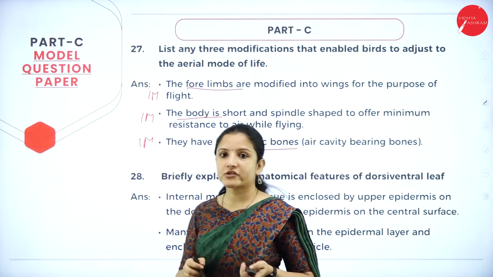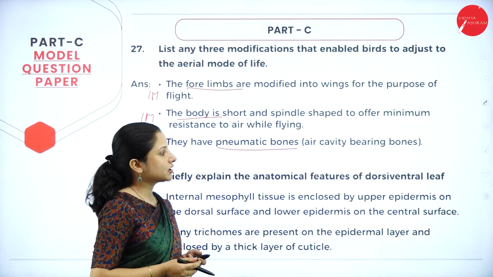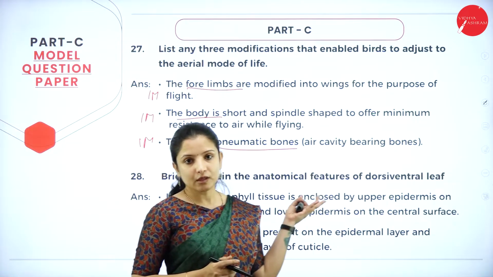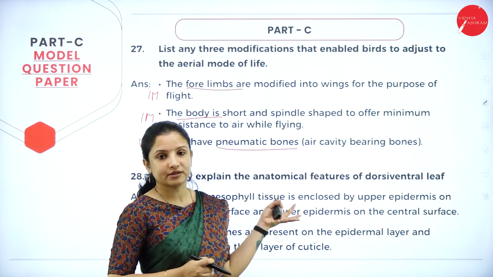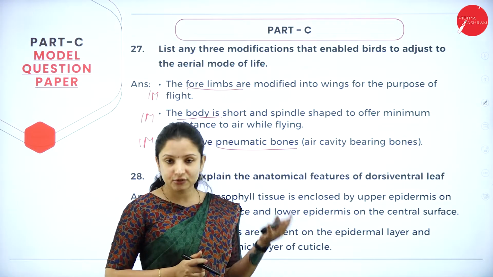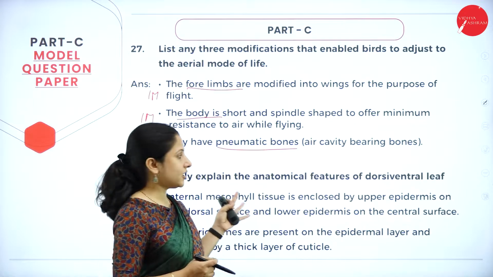Moving on to question number 28: briefly explain the anatomical features of dorsiventral leaf. Here you know that you have a diagram in your textbook regarding this dorsiventral leaf, right? Wherein you need to write about the epidermis, the mesophyll cells, then the vascular bundles and all that. Same thing you will be writing here as well.